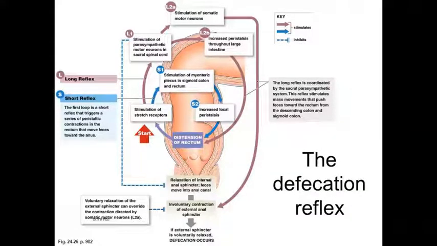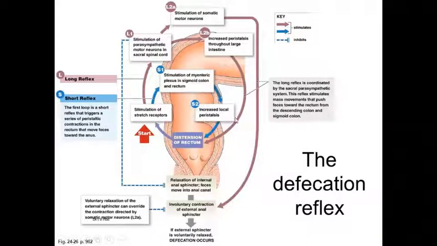The centers will interpret that information to say the rectum is distended. It will generate motor information via those parasympathetic nerves, which are the pelvic nerves. The pelvic nerves will now release a lot of acetylcholine to the muscles of the rectum and sigmoid colon.